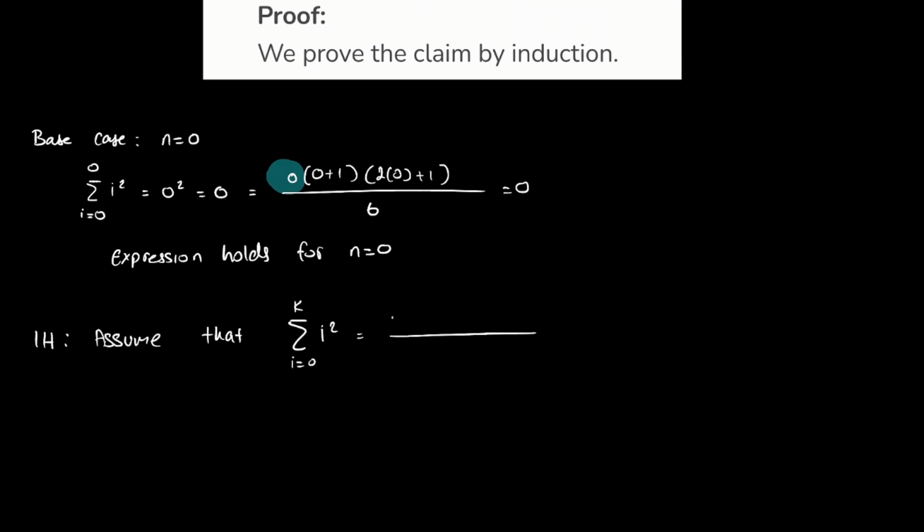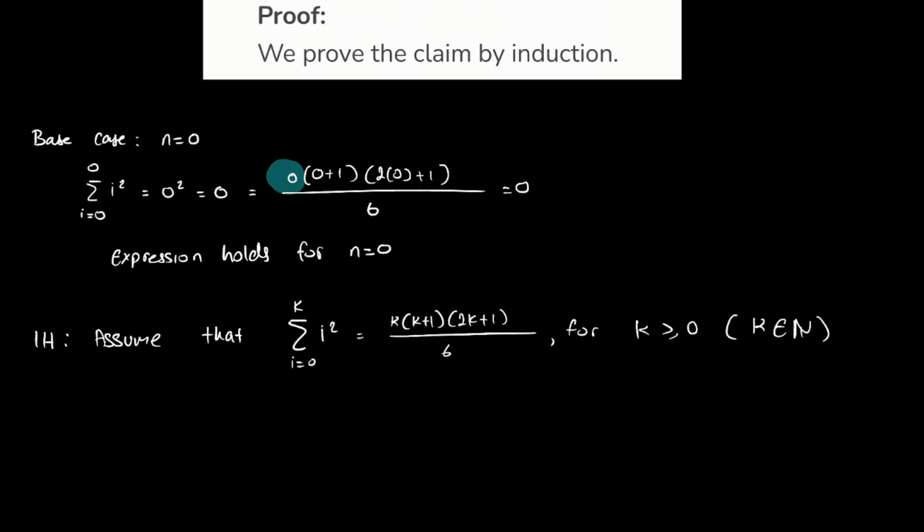So this is k times k plus 1 times 2k plus 1 all over 6. And the condition is k is bigger or equal to 0, which is the same as saying k is an element of the natural numbers.